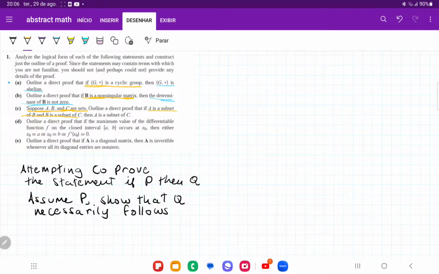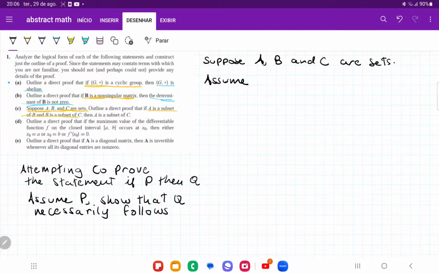So what we're going to do here is say, suppose A, B, and C are sets, and then we're going to assume P and show that Q follows. Now Q is A is a subset of C.